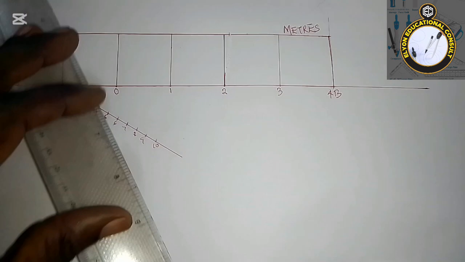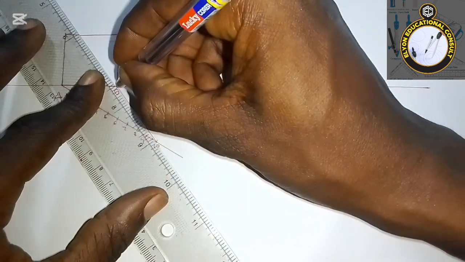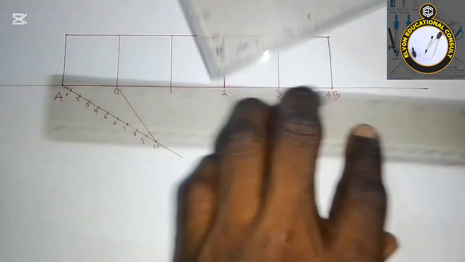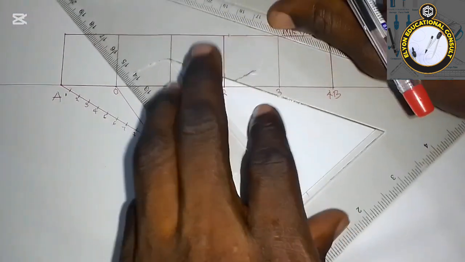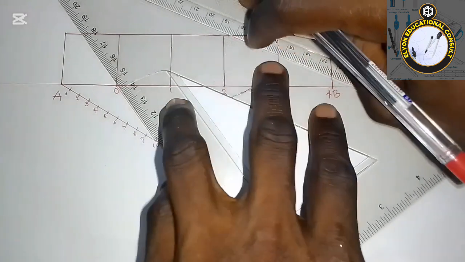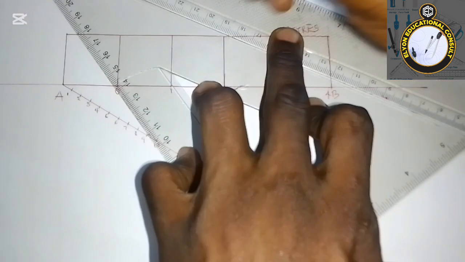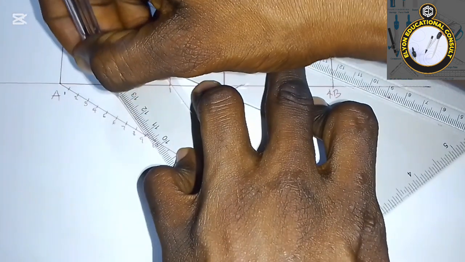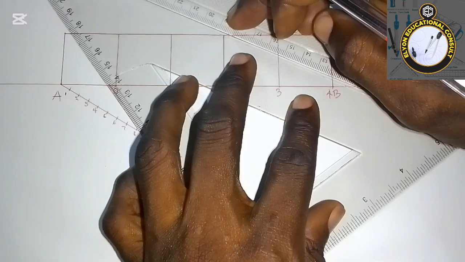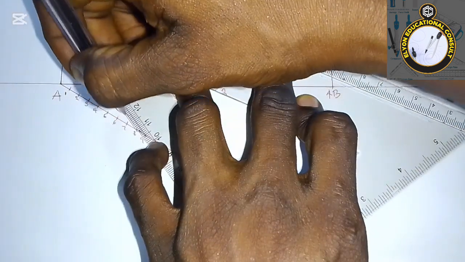So we join this to this, then we draw parallel lines this way. You patiently do that so that you can get the division correctly.